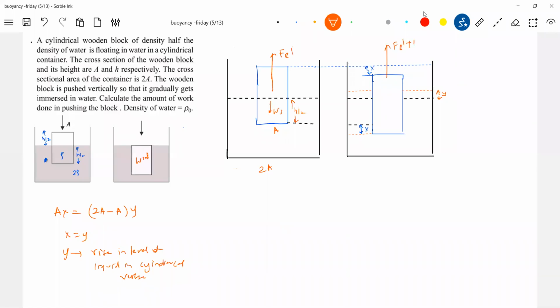Fb dash plus delta Fb. What is delta Fb? Delta Fb, you can write, density of liquid 2 rho, area of cross section, 2 rho A g into 2x.